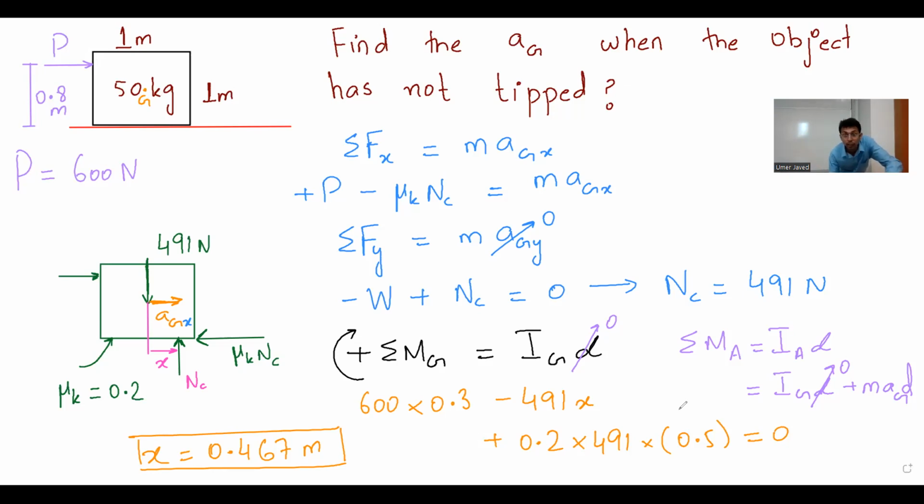And for those of you who are wondering, why did you multiply 0.2 with 491? Well, 0.2 got multiplied with N_C. This distance is 0.5. This is a clockwise moment, therefore positive. I apologize.